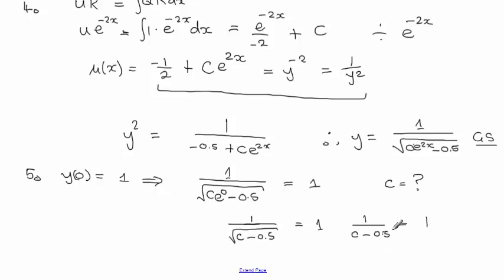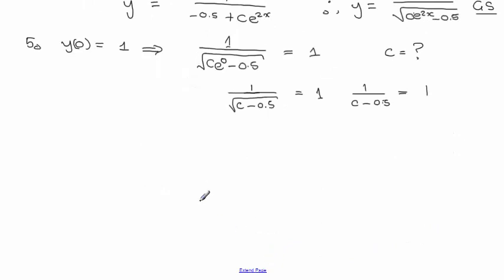Then we can solve this by multiplying both sides by the denominator, which will give us 1 equals c minus 0.5.